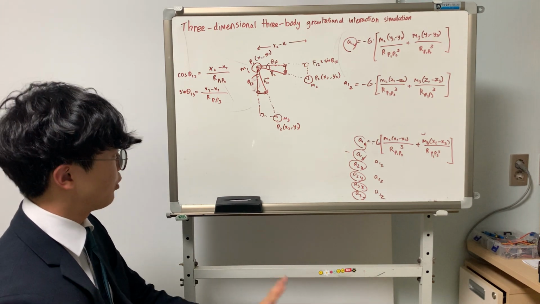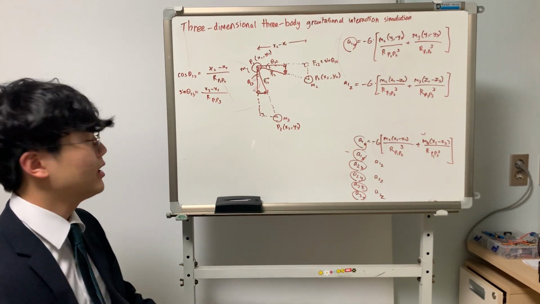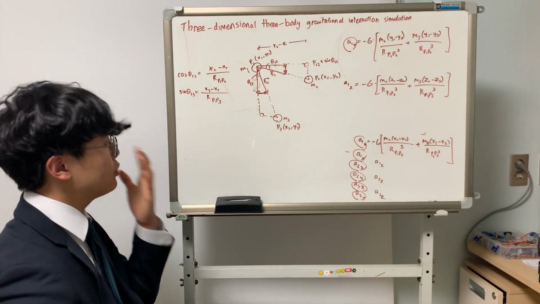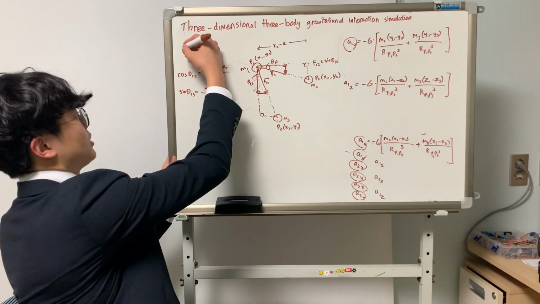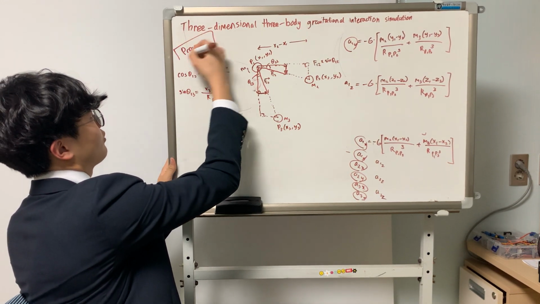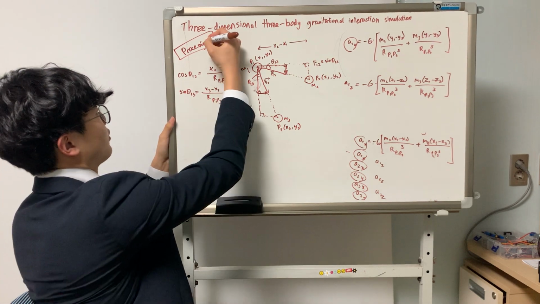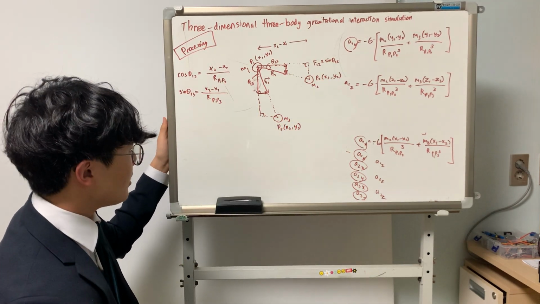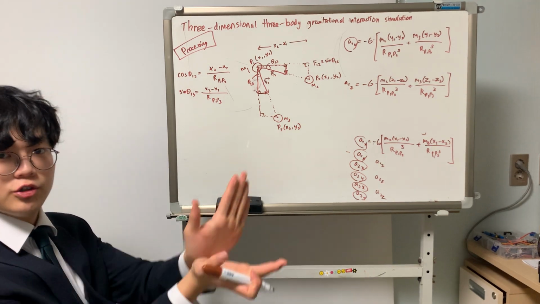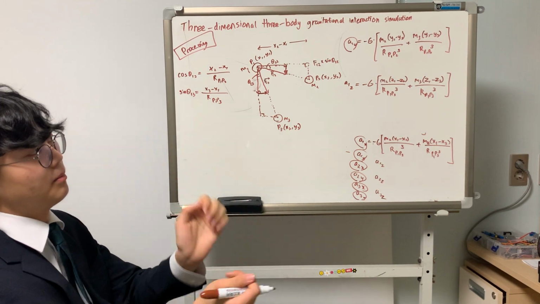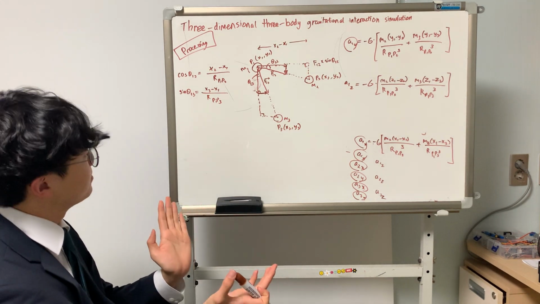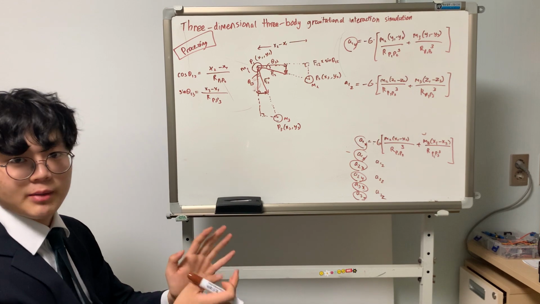One thing to point out before I go on to coding is that the tool I'm going to use for this simulation is Processing. The thing about Processing is that it only deals with two-dimensional sketches, two-dimensional drawings.